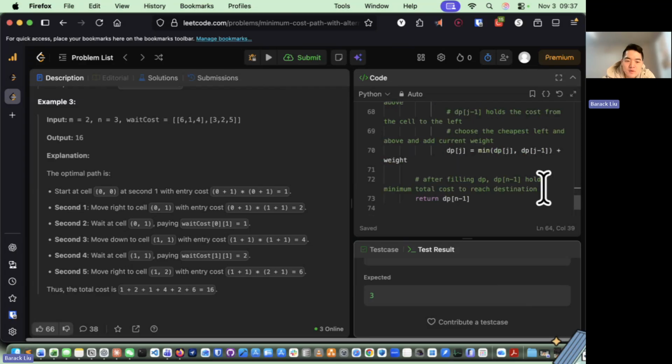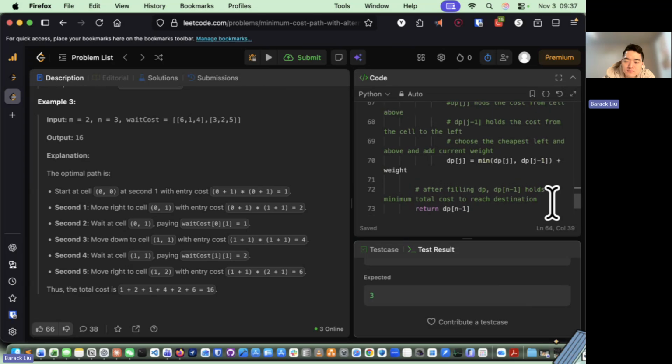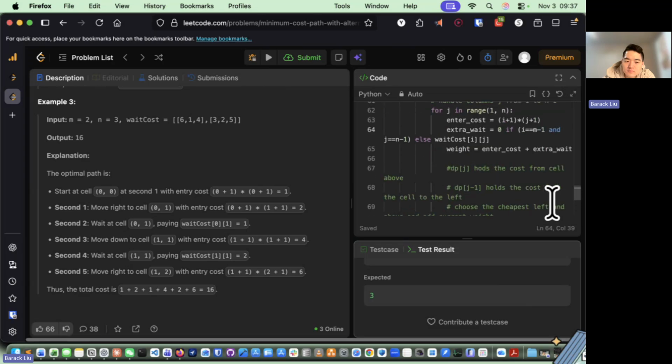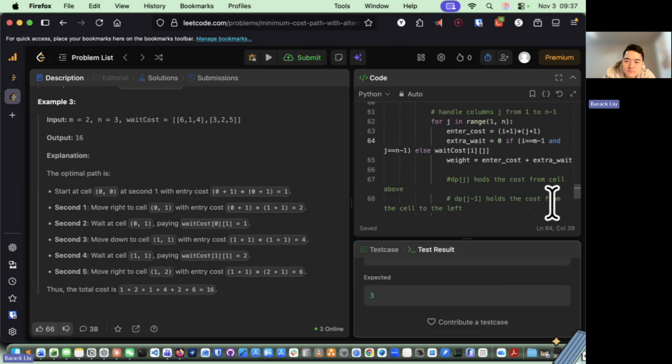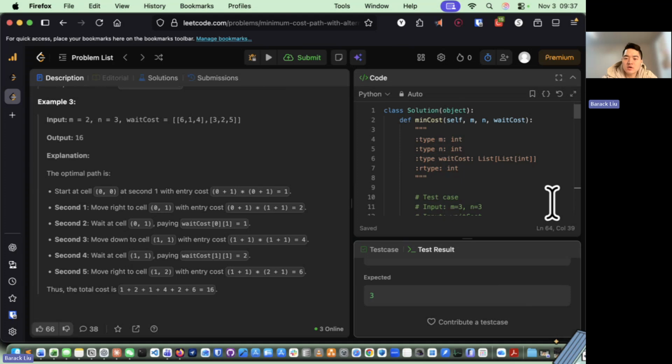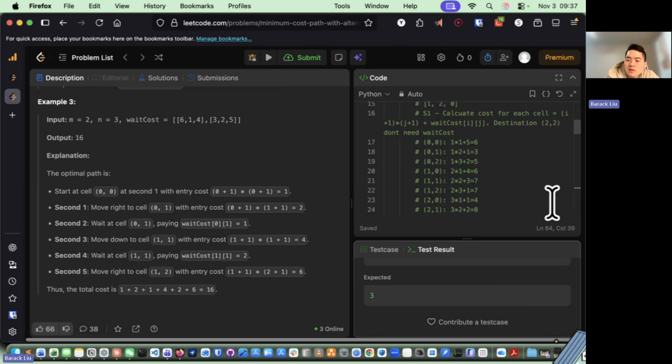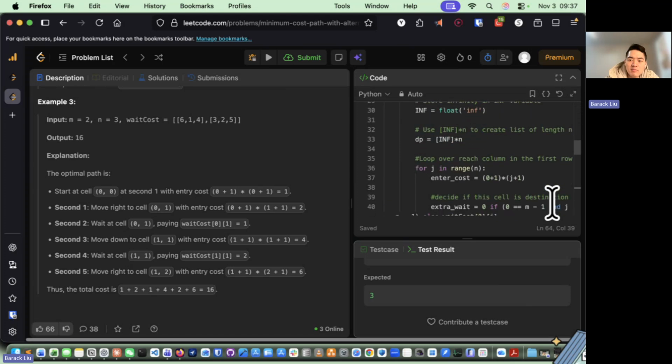Wow. Start from the top. Maybe there are some tuples here, I assume.